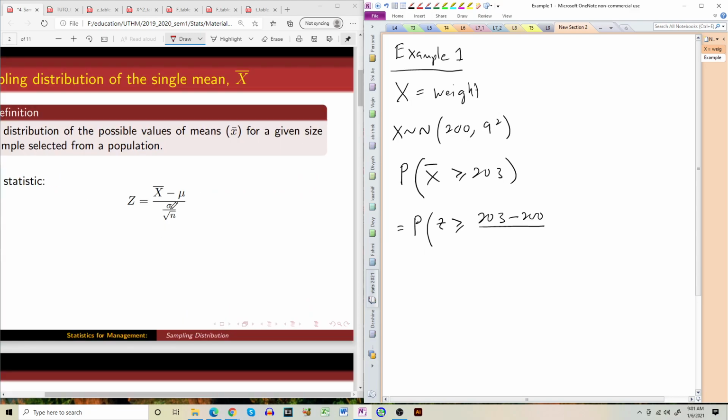This is the formula: we divide by the standard deviation, but it is also divided by the root of the sample size. Minus the mean and divide by sigma over root of n. The sample size is considered in the calculation. In the normal distribution, chapter 3, you cannot see sample size.